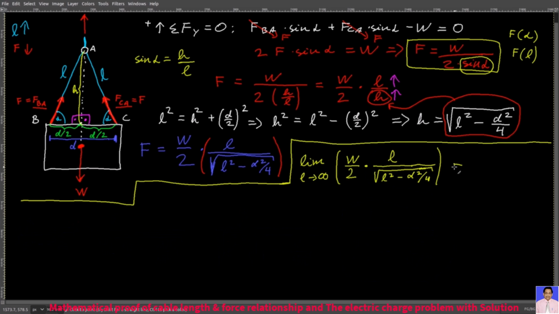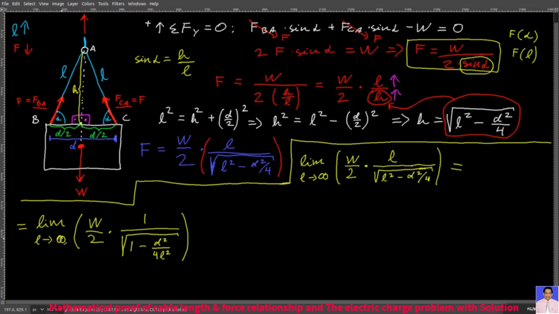And so I will write limit as L goes to infinity, W over 2, and then here I will have 1 over square root of 1 minus d squared over 4 times L squared.